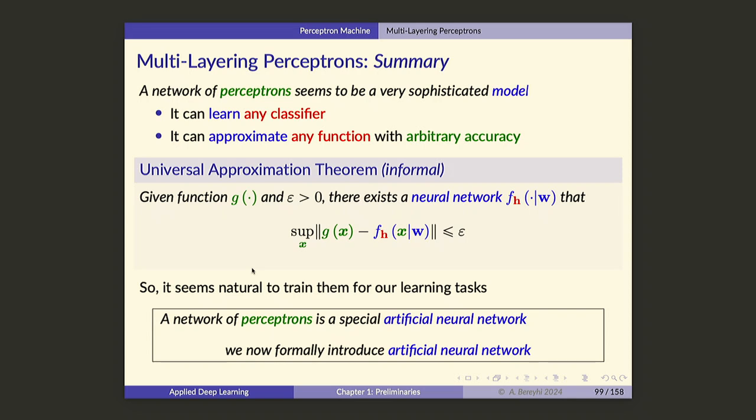If we put all of those perceptrons next to each other, then there exists one configuration, meaning a specific configuration specified with the hyperparameters h and specific weights specified with the w, such that this new model is going to be exactly the same as the function that we are targeting.